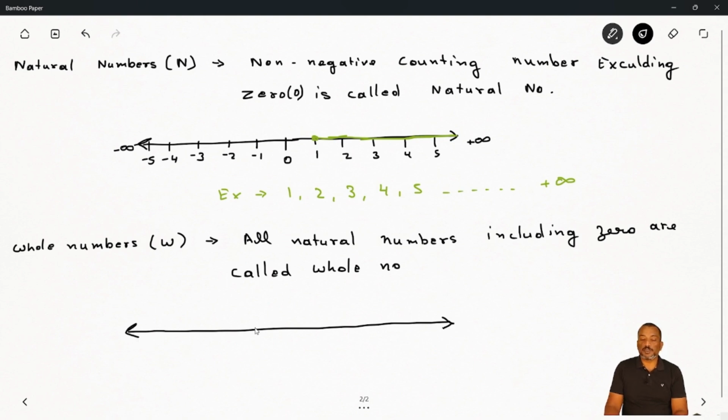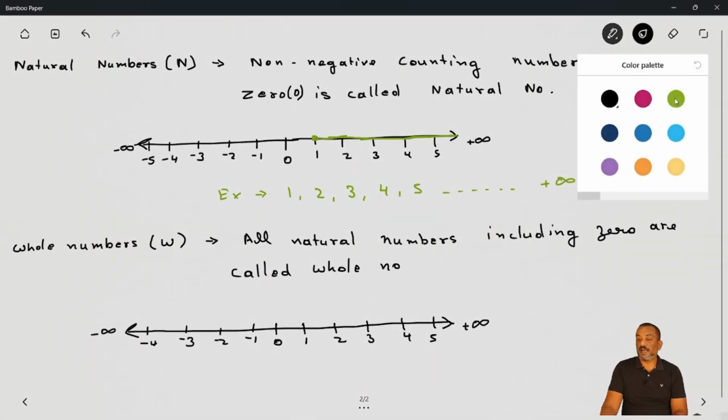So you can say this is your 0, your right side is positive numbers 1, 2, 3, 4, 5, and this will go up to plus infinity, and left side you have negative numbers, negative 1, negative 2, negative 3, and negative 4, and this will go up to negative infinity.